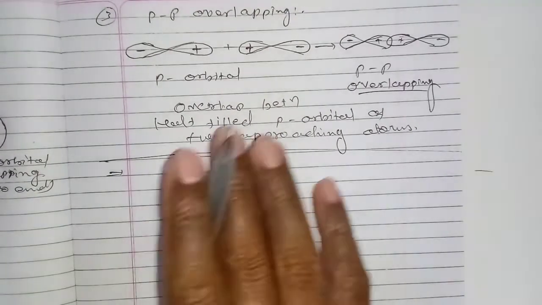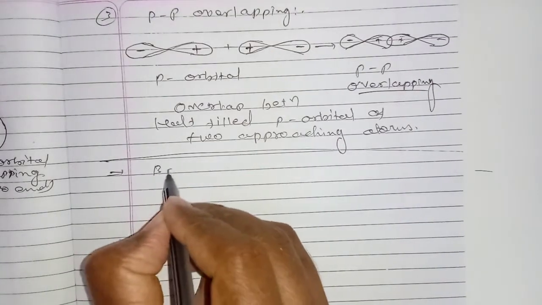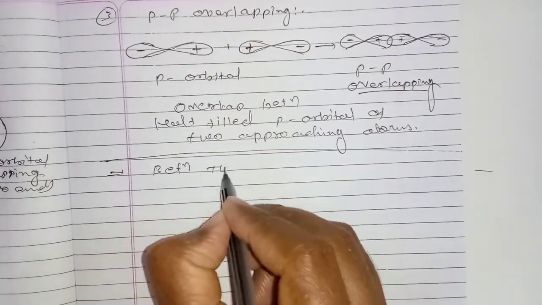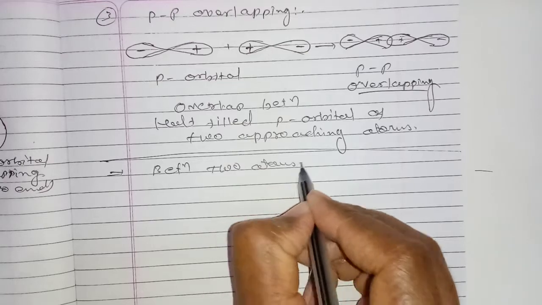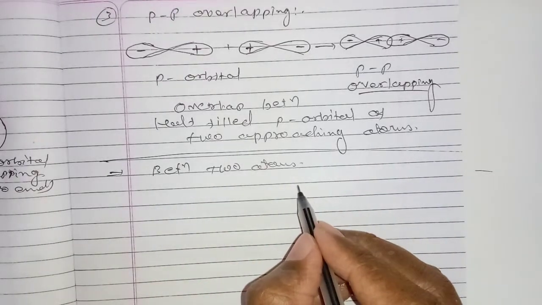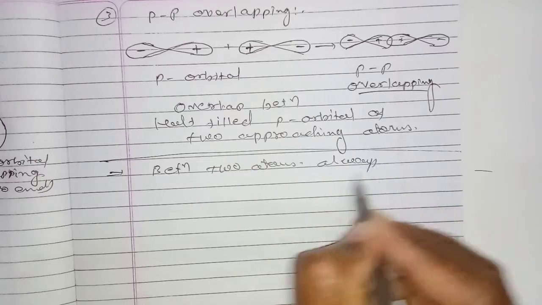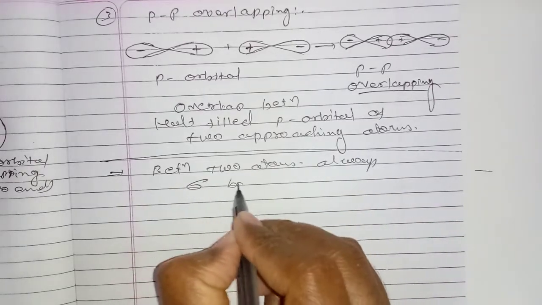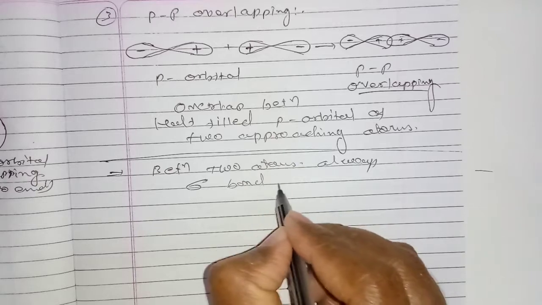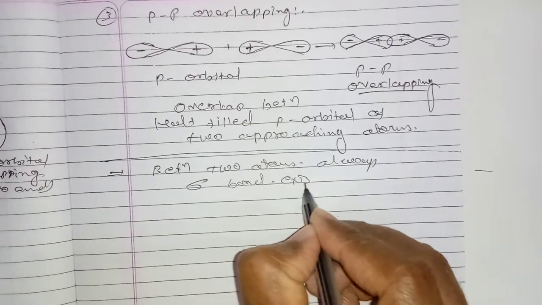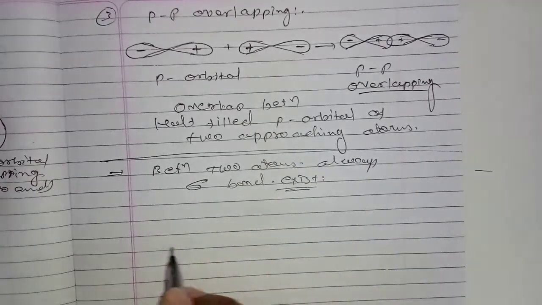Between two atoms, a sigma bond always exists.